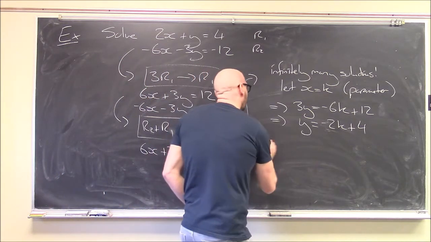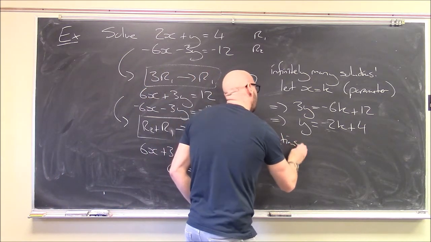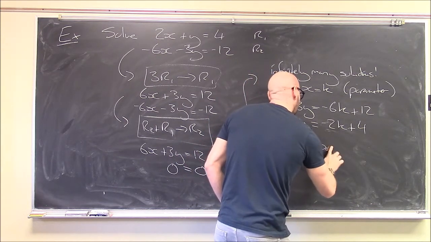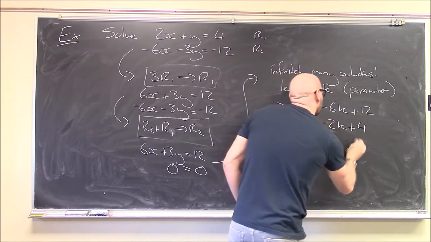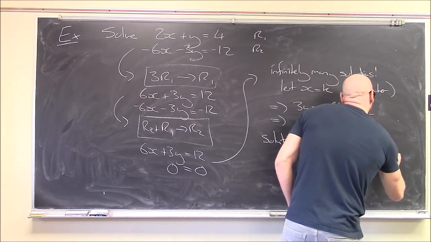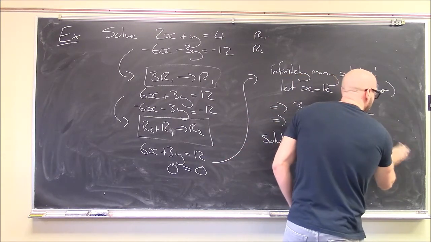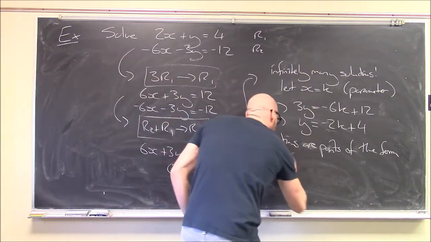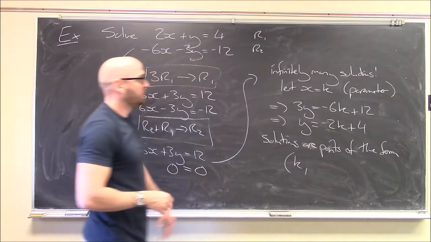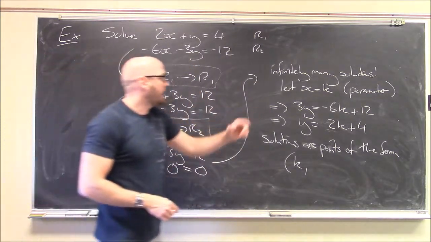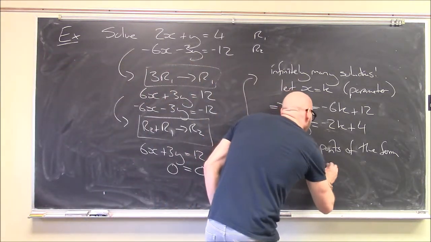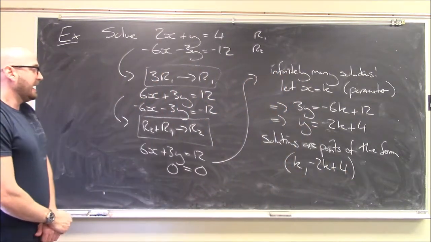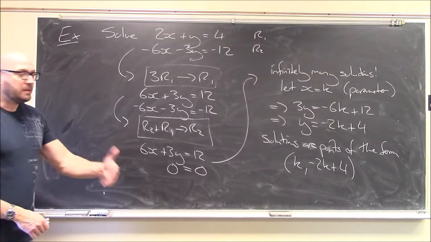So this means every single solution is a point of the form, this is when I'll usually give my solutions as points, x can be k. You choose the x value, x is k, and then y is going to be minus 2k plus 4. And any point of that form is a solution of this system.